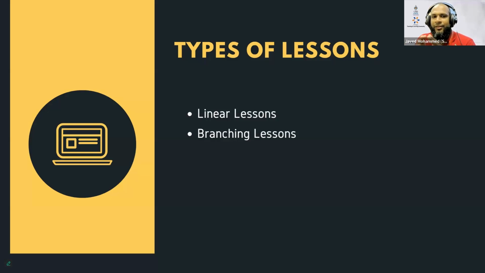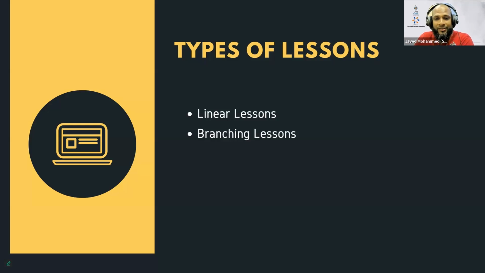The thing about linear lessons is that you create an activity for your students to progress through a fixed sequence of content and questions. So it's linear in that sense, and it's not branching or giving students an opportunity to jump from one concept to another just because they feel they're competent enough to go to the next concept.